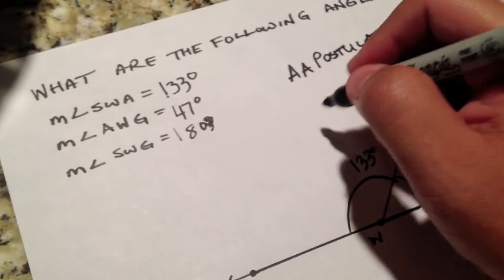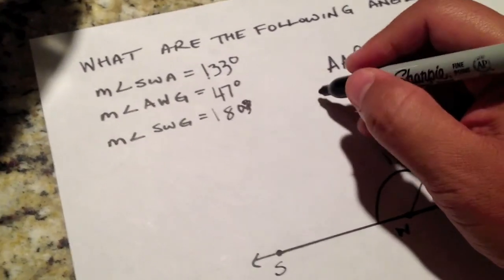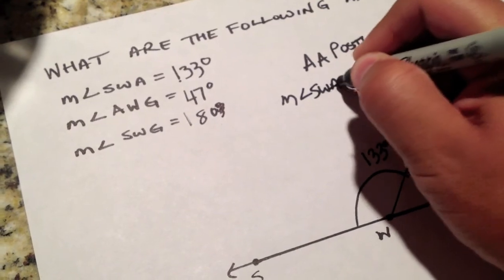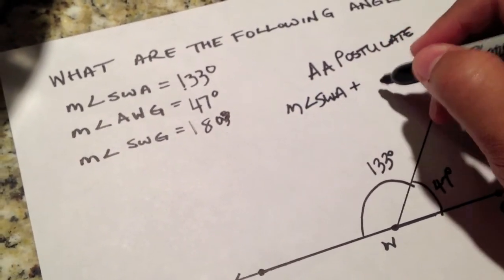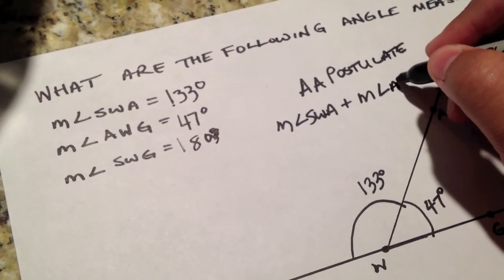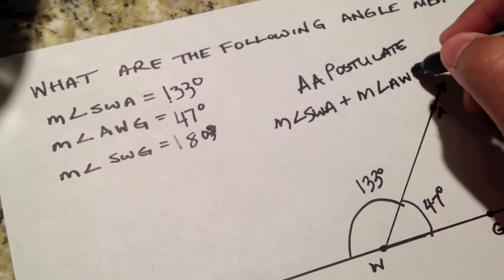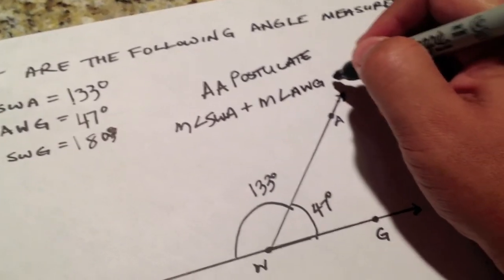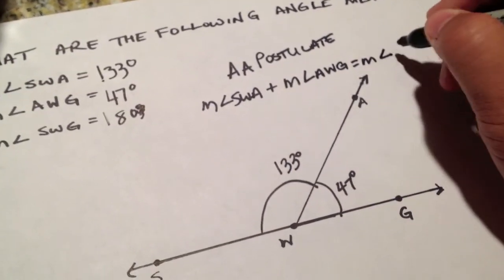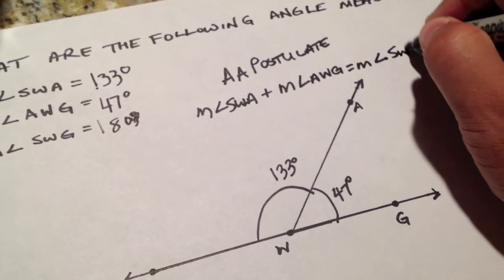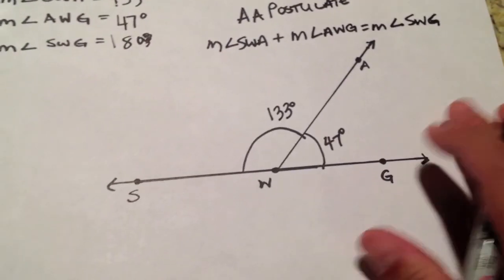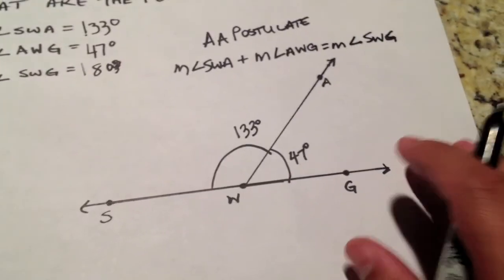I'm going to say the measure of angle SWA plus the measure of angle AWG is equal to the measure of angle SWG. Does everybody see that?